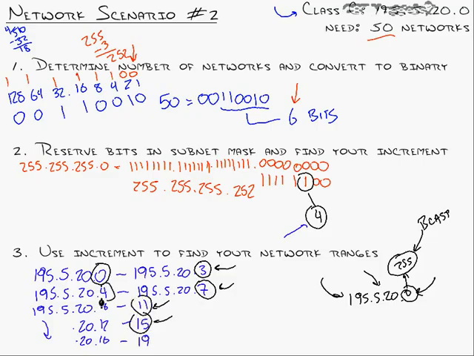I cannot assign the first or the last IP address from every single range to a host or router or switch or any device on that network. So what does that mean? That means when I really look at this, I have 1 through 2, 5 through 6, 9 through 10. I have 2 usable hosts per network that I can actually assign. 1 and 2, 5 and 6, 9 and 10 that I can actually give to a device.